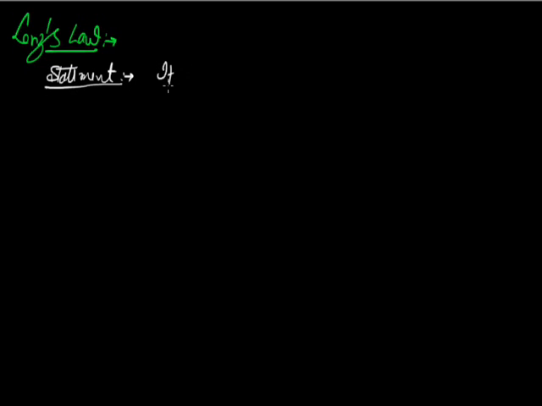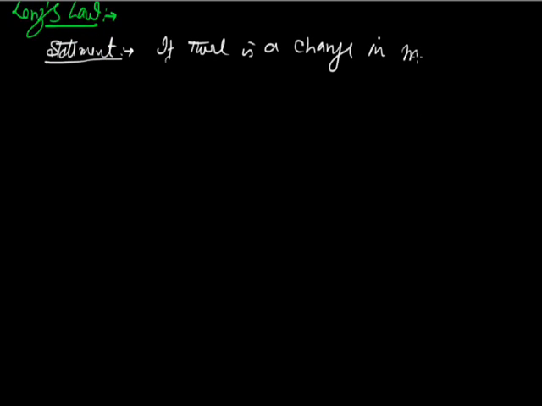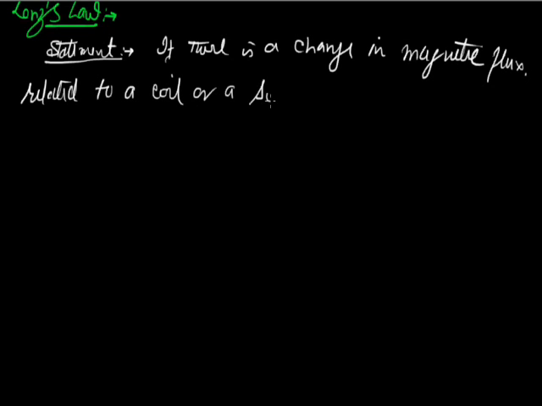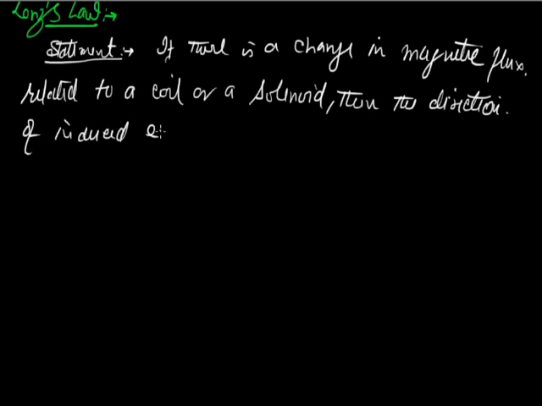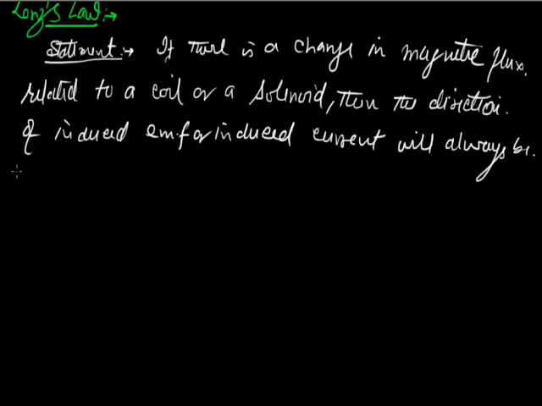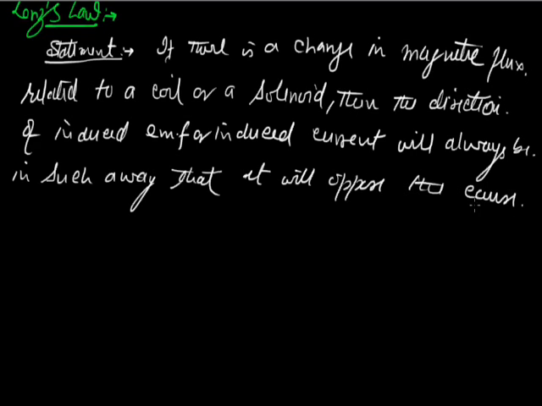If there is a change in magnetic flux related to a coil or a solenoid, then the direction of induced EMF or induced current will always be in such a way that it will oppose the cause due to which it is produced.